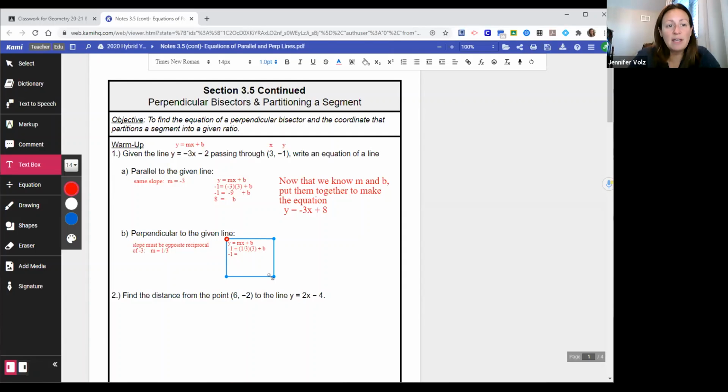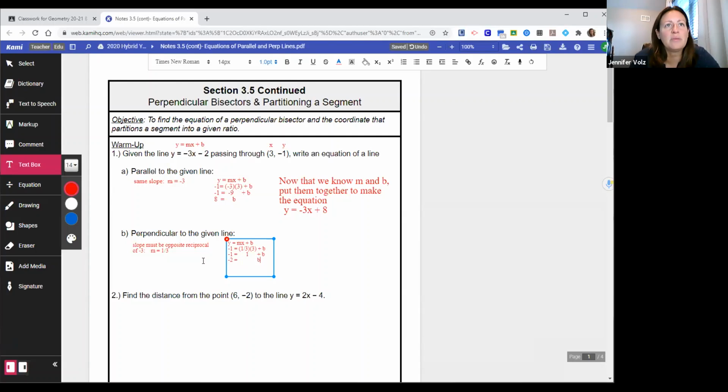One-third of 3 happens to be a nice round value of 1. So all this, 1/3 times 3, just gets replaced with a 1. And then we have plus b. -1 equals 1 plus b. Subtract 1 from both sides and you get -2 equals b.